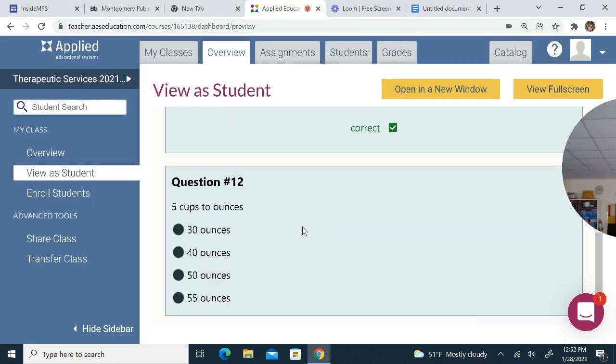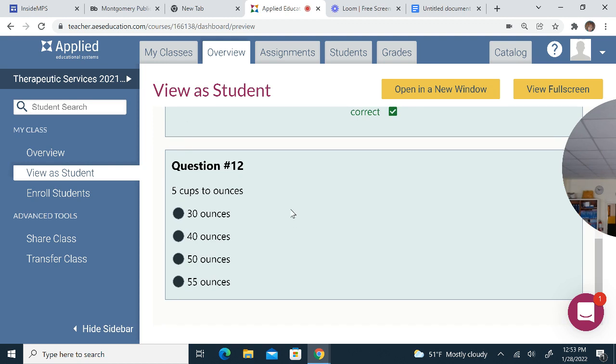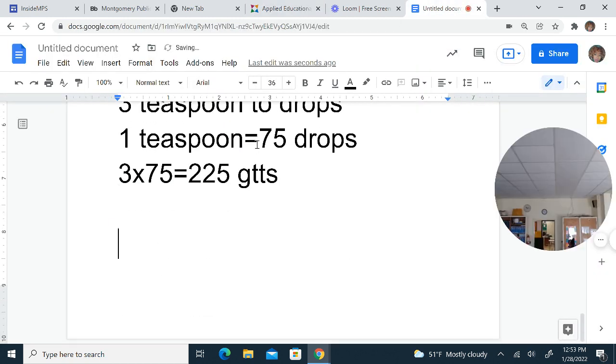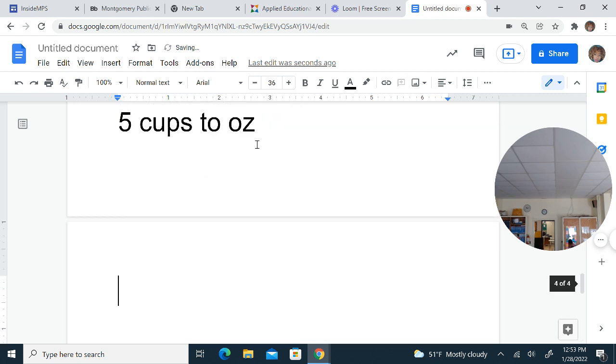Okay. 5 cups to ounces. What's our conversion? 1 cup equals 8 ounces.